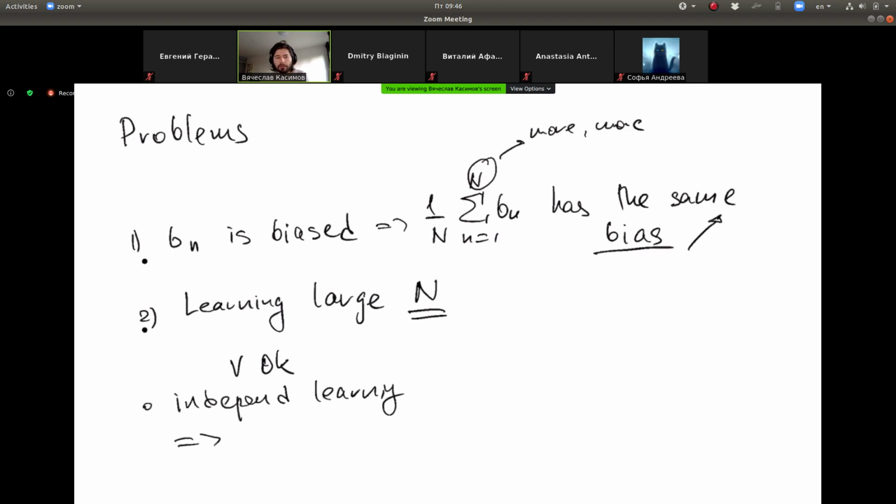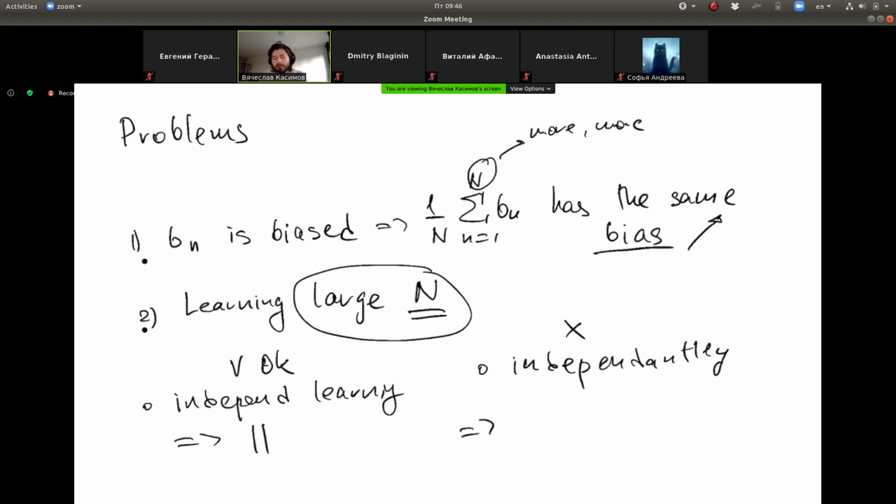So in time complexity it is okay, we could do it in parallel. On the other hand, we learn them independently again, and so they don't share any information. And because of this, we need very large n to reduce our variance sufficiently.